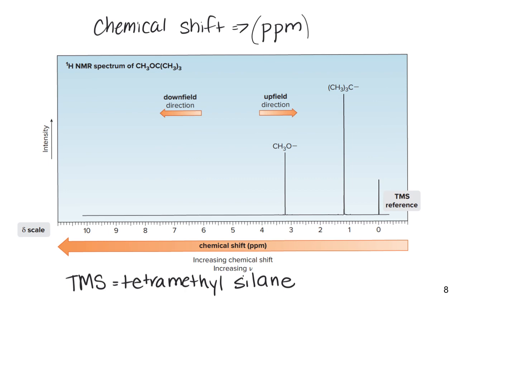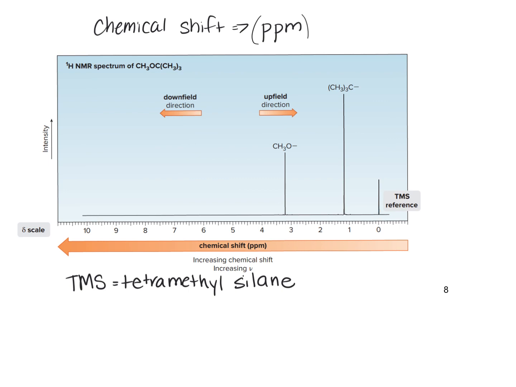The NMR absorptions are measured relative to the position of that at 0 parts per million. This is a volatile, inert compound, and it just gives us a single peak.